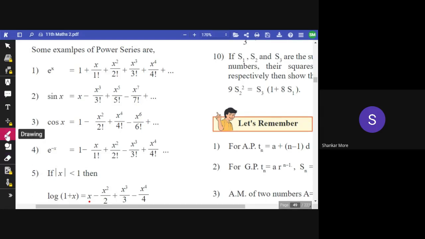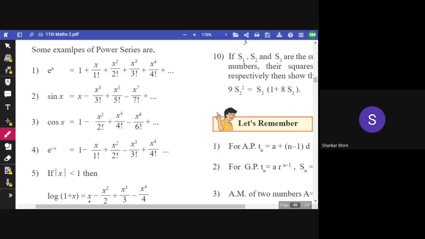1 minus x raised to 1, and everybody knows what factorial is. If everybody knows what factorial is, then find out the factorial of 4. What is the factorial of 4?